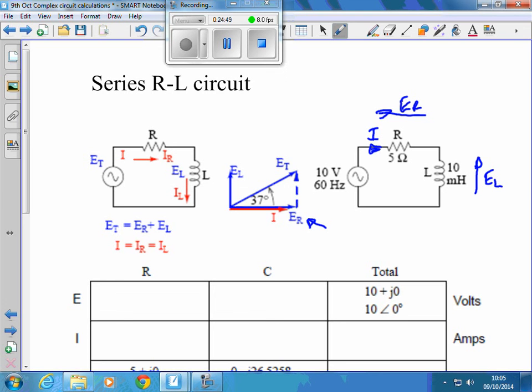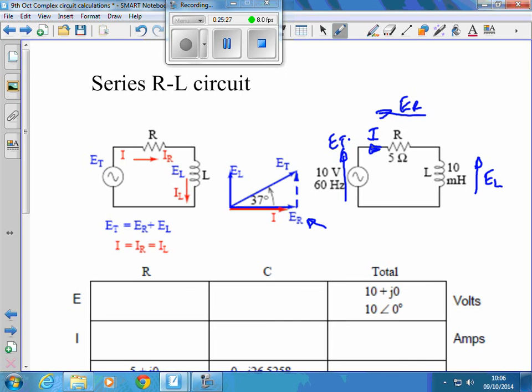And then what we get from that, if we make that into a parallelogram and draw the vector to that point, we end up with ET, the applied voltage in this case, or the resultant voltage for that vector. So we got a voltage applied that's out of phase with the resistive voltage by 37 degrees. We'll find out in a minute.